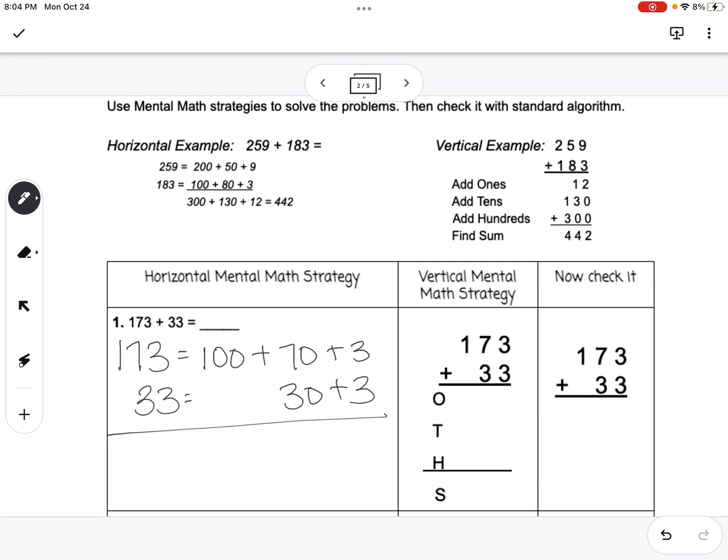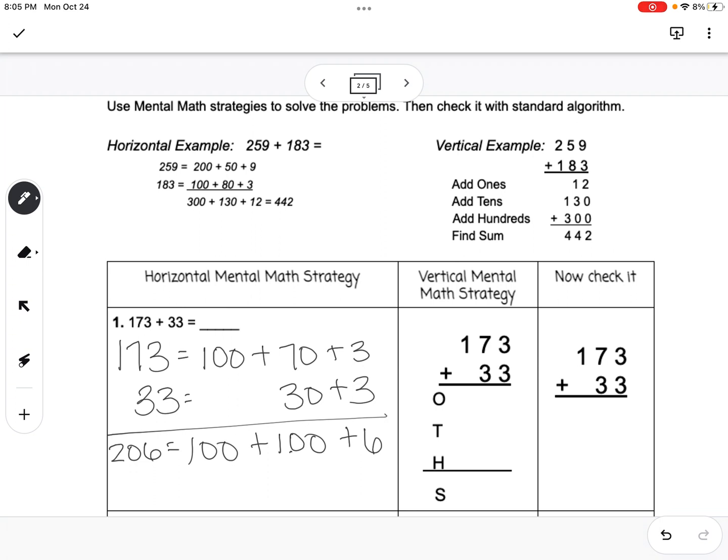I'm going to draw that equal bar so it helps me to visualize the fact that I'm adding the sums. So 3 plus 3 equals 6. And to that, I am adding 70 plus 30, which would equal 100. And to that, I'm adding that 100. And that's going to equal, well, 100 plus 100 is 200. 6 more will give me a sum of 206.